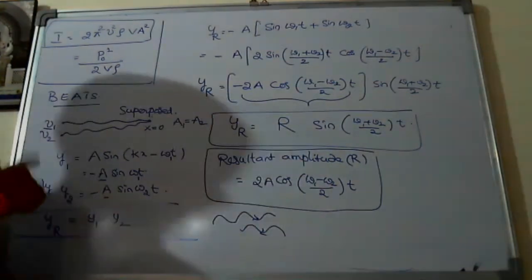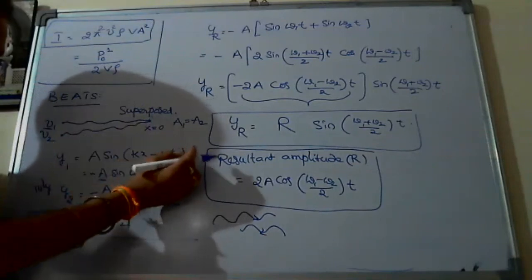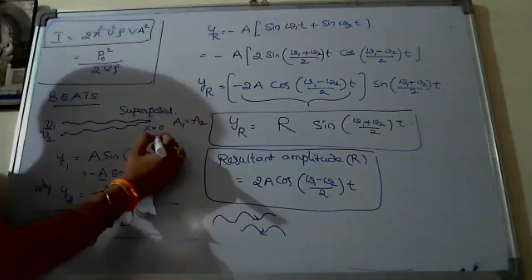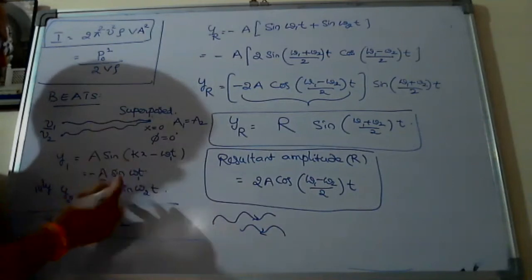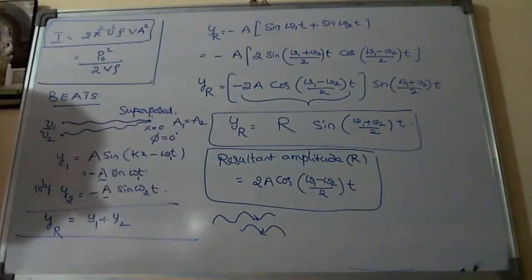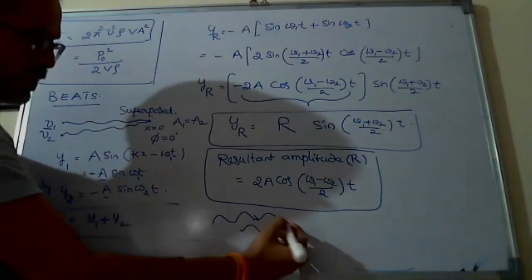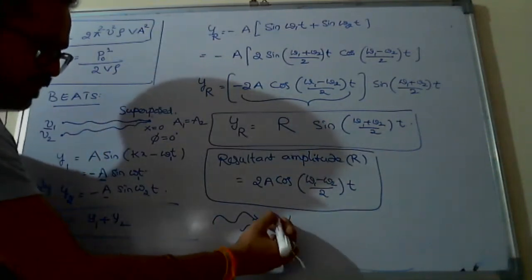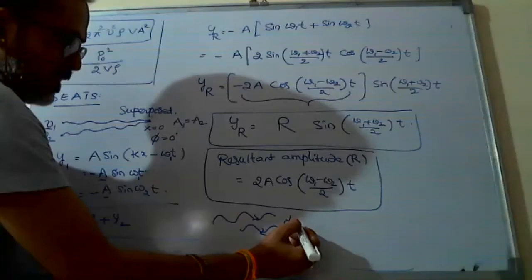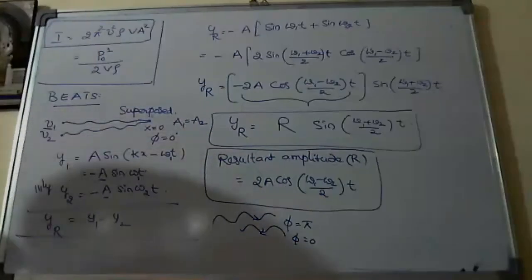Number two, the second difference: while combining here, I did not write any phi. Phi means phase difference, initial phase. I am assuming there is no phase difference between the two when they are combined. Whereas in the formation of stationary waves, there will be a phase difference between incident and reflected waves: for a rigid boundary it is phi, for a free boundary it is 0.